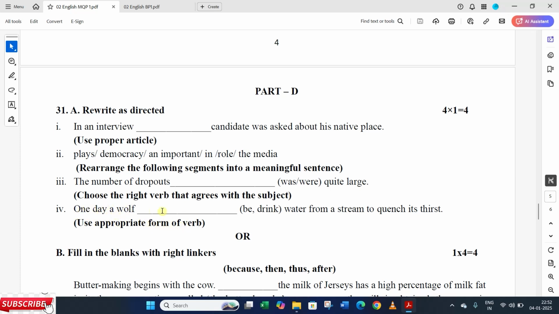One day a wolf dash be, in brackets drink, with the form of be and the main verb given. So you have to write the right form of the verb from the bracket. Once again I will read the question: One day a wolf dash be drink bracket close water from a stream to quench its thirst. That is the answer you have to write. This is part D.